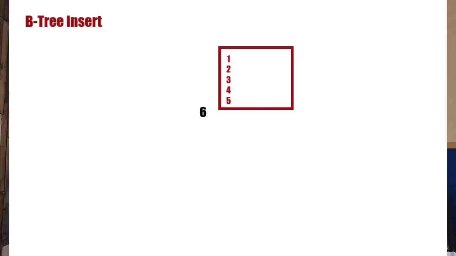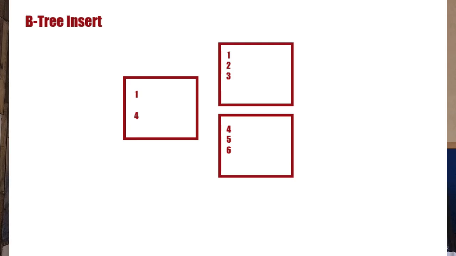If you try and put a sixth one in, well, now you've got too many, so you need to split that node. And splitting a node will then cause a second entry to be put into the node above that record, which may also provoke a split all the way up to the root. And if your root node needs to be split, well, now you need a new root, which will have two entries in: the node that you already had and the new node.